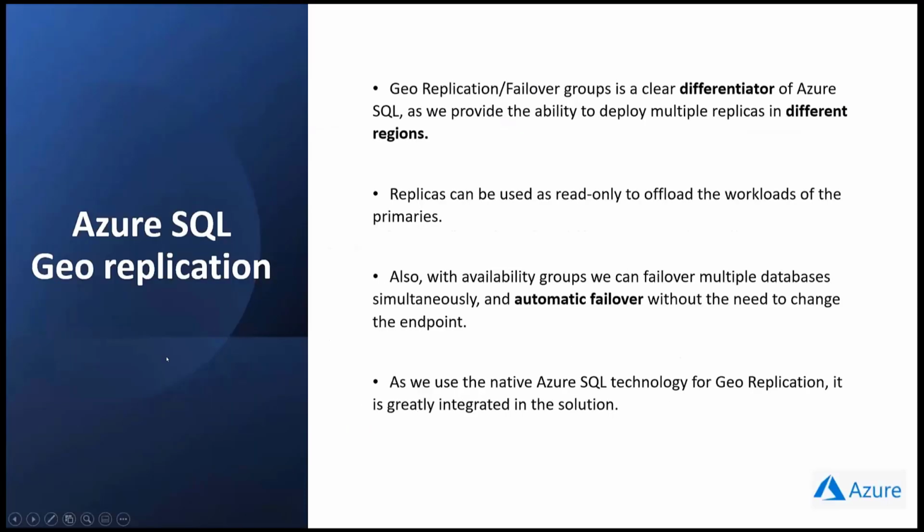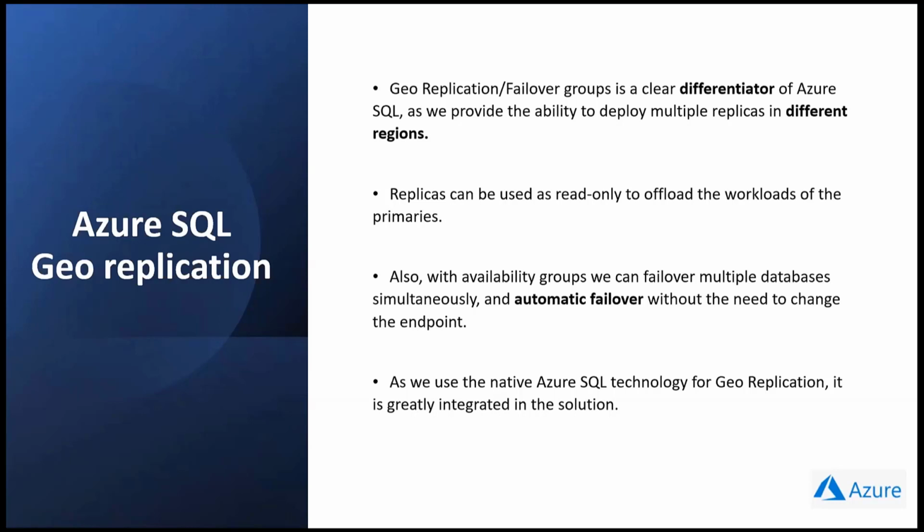So as you can see, Azure SQL Geo Replication is a differentiator of Azure SQL. We can provide multiple replicas in different regions or the same region. As we mentioned, these replicas can be read-only replicas, and all of them can be read-only if you want. Also, with availability groups, you can have multiple databases fail over simultaneously.